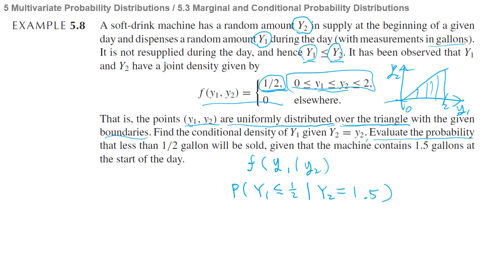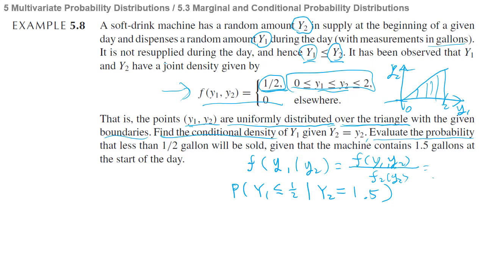First, find the conditional density, and actually this is f of y1 comma y2 divided by f2 of y2. From this distribution, you can calculate the marginal distribution f2 of y2, and then you can calculate this thing.